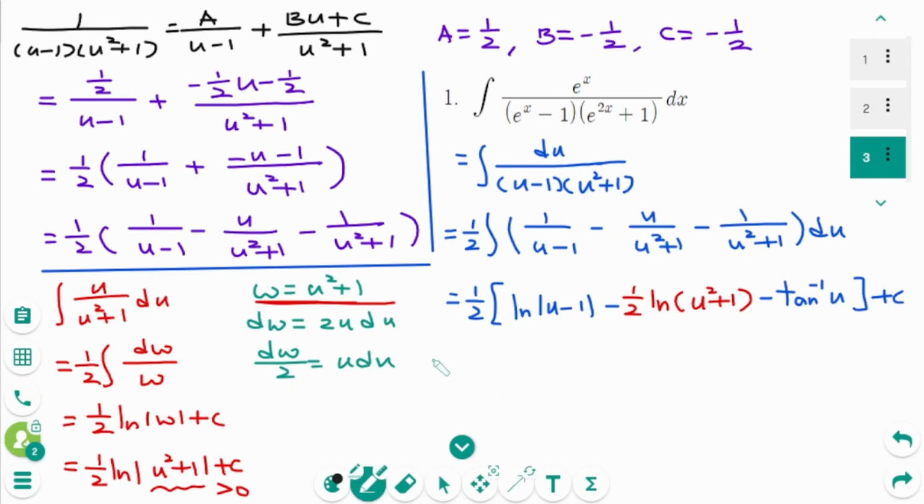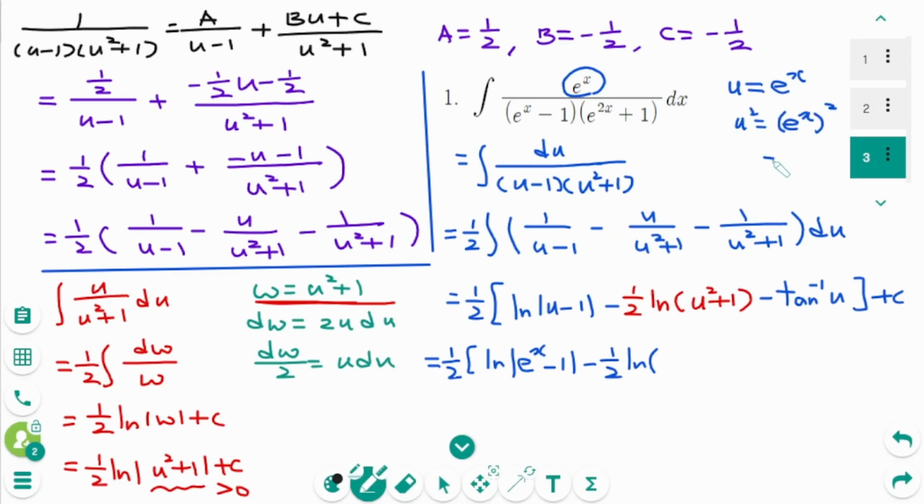Then the final answer is 1 over 2 ln absolute value of u, which was e to the power of x, minus 1, minus 1 over 2 ln absolute value of u equals e to the power of x, then u squared equals e to the power of x squared, which is e to the power of 2x, plus 1 minus arctangent of e to the power of x plus c.